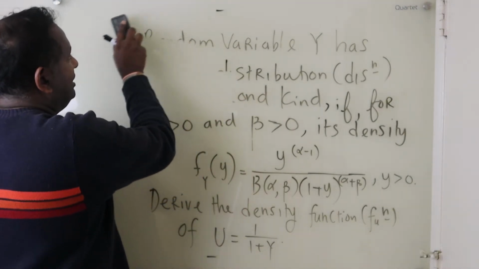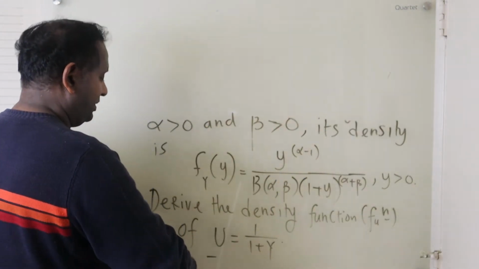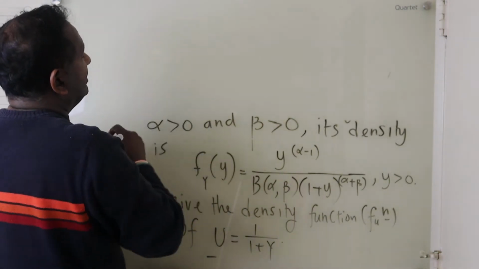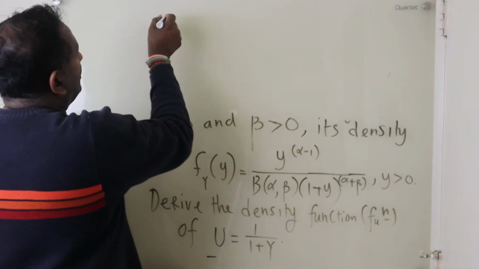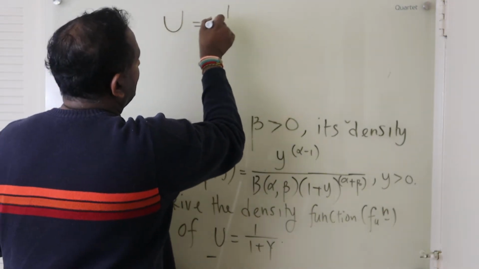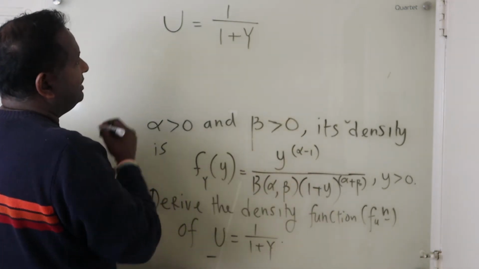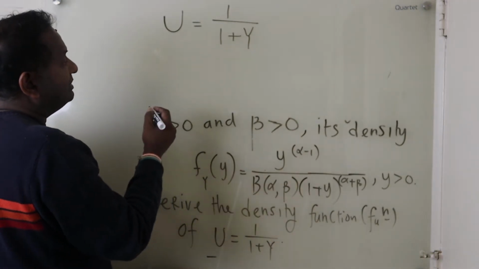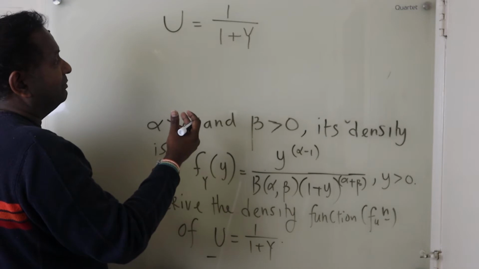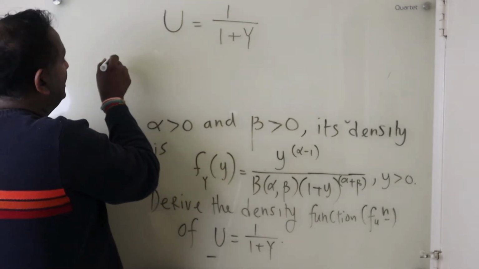In order to get this done, we go back to u, which is 1 over 1 plus y. I'm going to rewrite the same thing with lowercase letters, which represent the realization of the random variable.